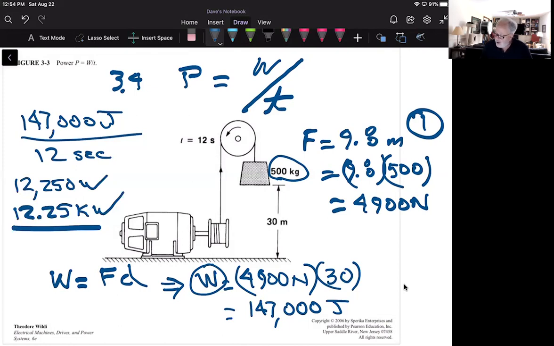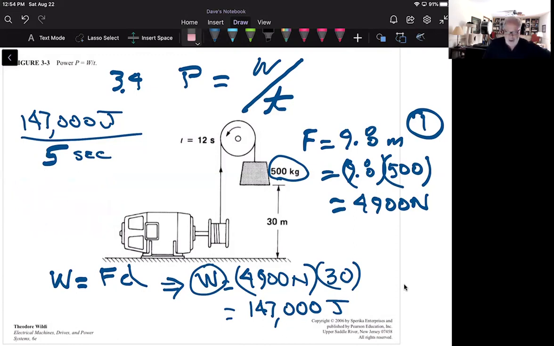If, for instance, I wanted to lift this 500 kilograms in 5 seconds, I change this to 5, and then I'm going to get a different answer, of course.